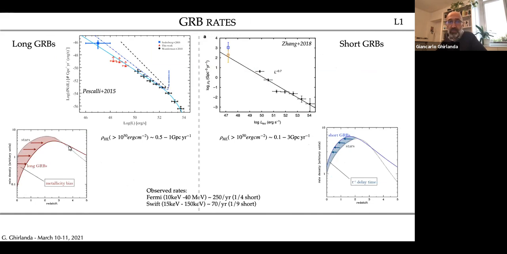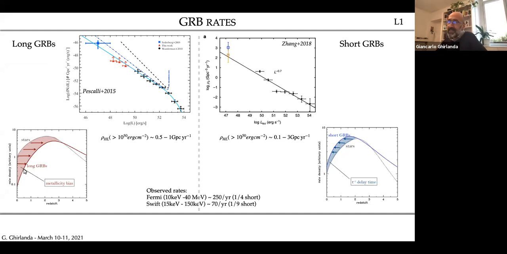And this is due most likely to the fact that the progenitor of GRBs, we think, should be a star with a relatively low metallicity, and therefore it's less favored in the local universe where the metallicity in general is larger.